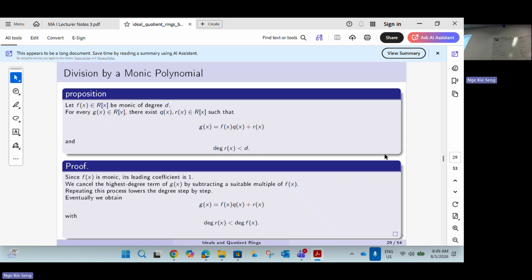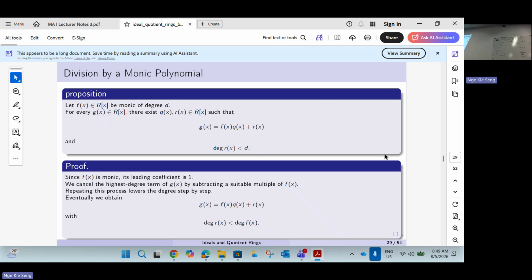Next, this is division by a monic polynomial. This is very easy, and we want to use this. Let f(x) be monic of degree d, then for every g(x) we can write it like this. There exist q(x) and r(x). q(x) means the quotient after you divide g(x) by f(x), and r(x) is the remainder.